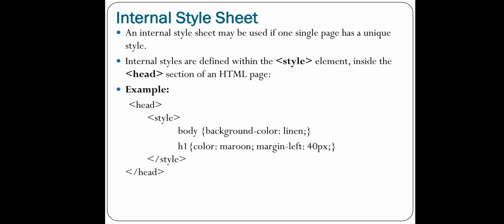So now if you want to include it using the internal style sheet method, then there will be a style tag, and in this style tag you will mention all the CSS rules or the elements for which you have to apply the styling, and this all will be placed in the head tag, right?